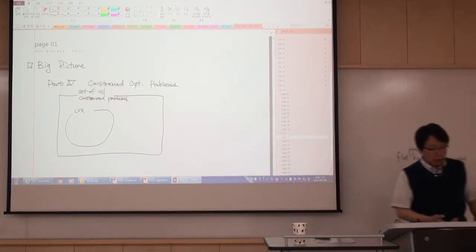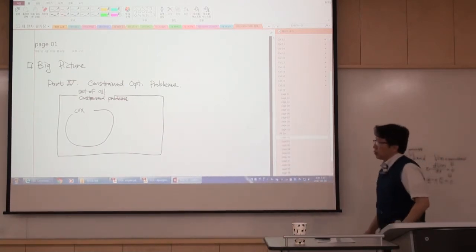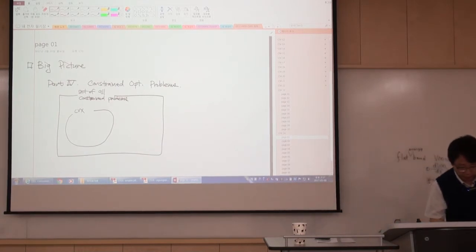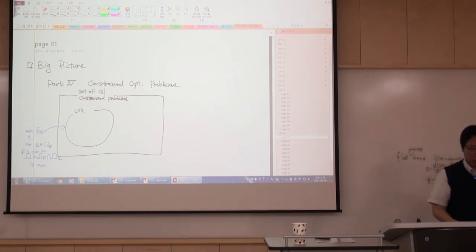So in general, this can be written as minimization of a convex f subject to x in convex omega. Of course, omega, explicit intersected with implicit, is convex, and f is a convex function on this omega.